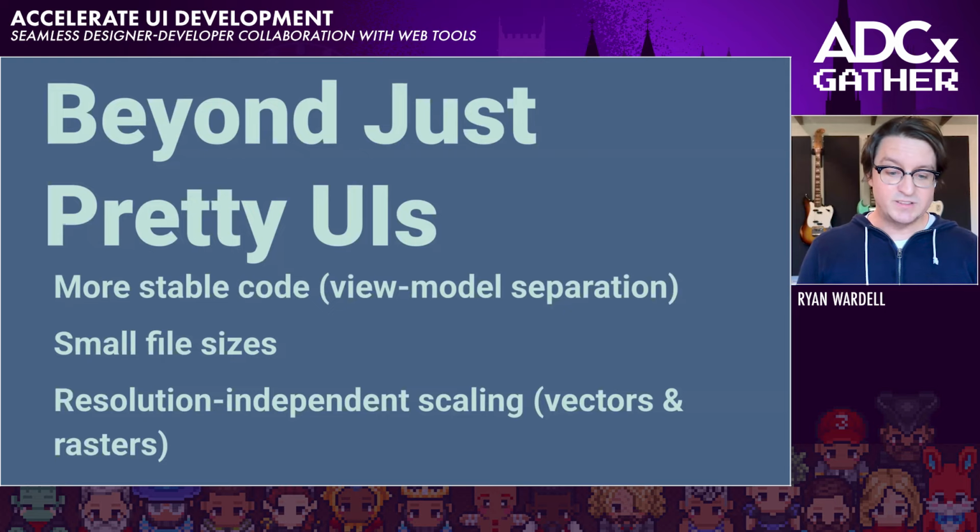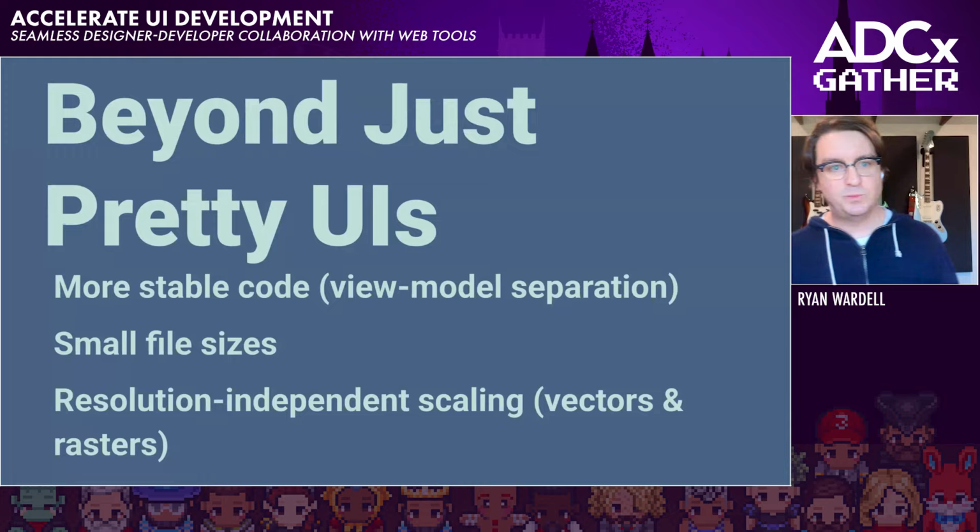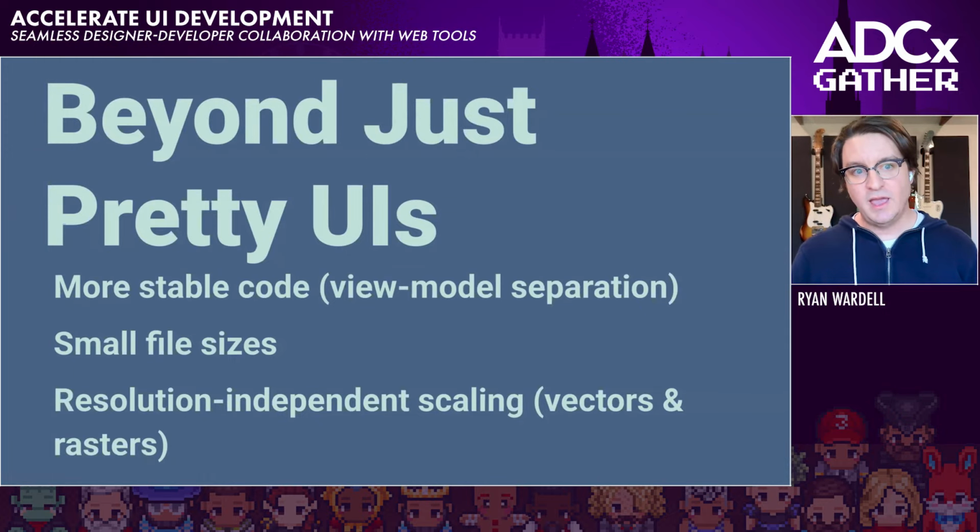And then we have really small file sizes. If it's a vector, it's probably under a meg. And if it's rasters and things like that, it does a really good job of keeping things at the right resolution and not bloating your plugin, which you've dealt with, having to deal with resizability and Retina support that can get pretty big. And again, that gives us resolution independent scaling. So your plugin now has that built in, and you can work that through your design because the plugin can be aware, or the design can be aware, of your artboard size, which is pretty cool.